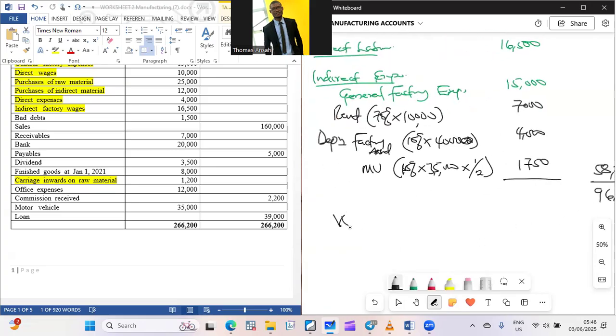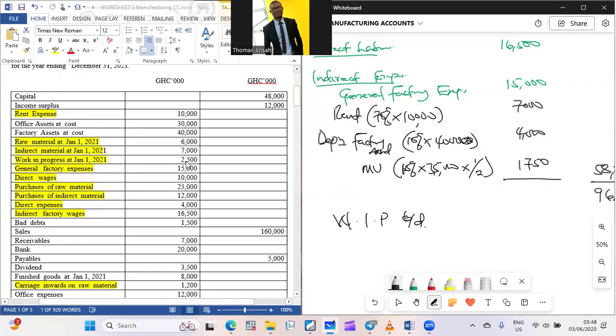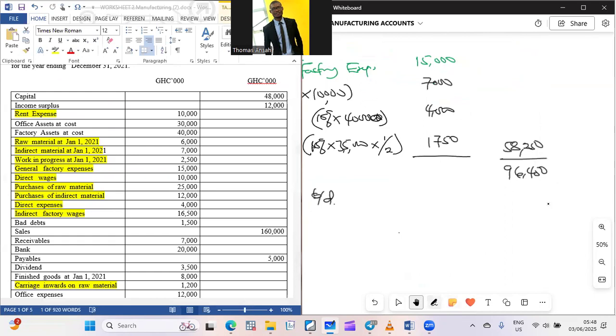So if I add my WIP brought down, where are you? I think we had done it already. This is the 2,500. This is 98,950.